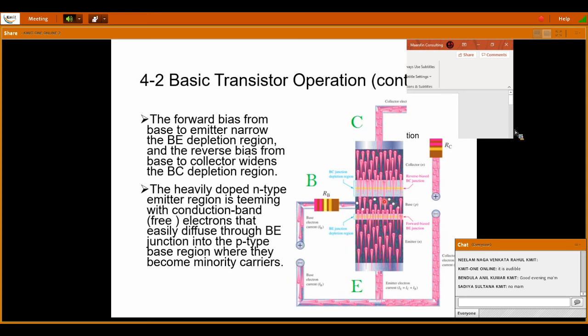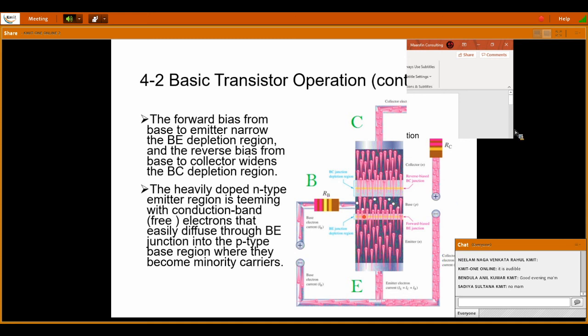So the effective base width is very small compared to the physical base width of your NPN transistor because of the biasing of the transistor, when you apply a forward bias on your input junction and reverse bias on your output junction.